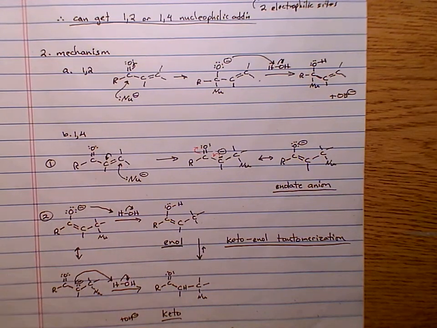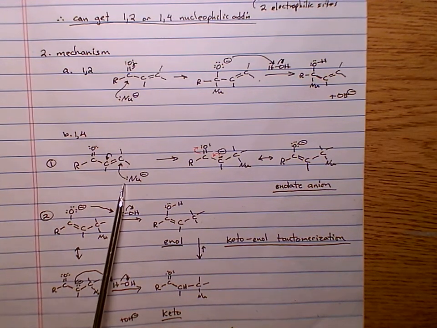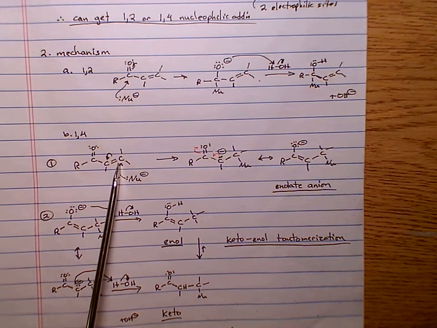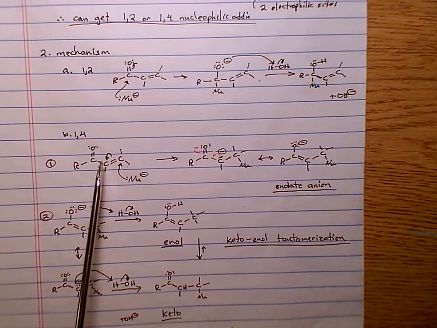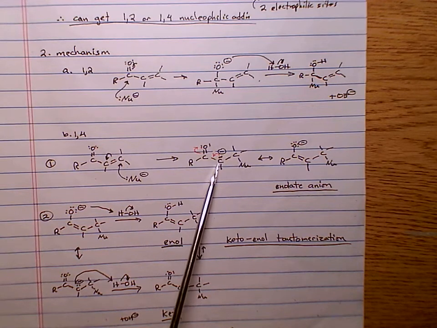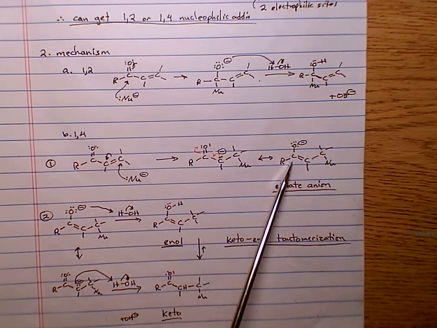Let's look at the 1,4 process, though. If the nucleophile attacks the beta carbon, because it has partial positive charge, then the pi bond will break and form a lone pair on this carbon here, the alpha carbon, making it a carbanion. Now, that will have resonance.